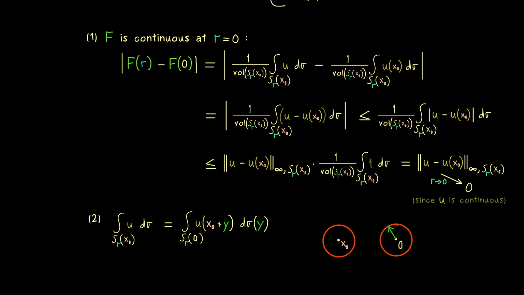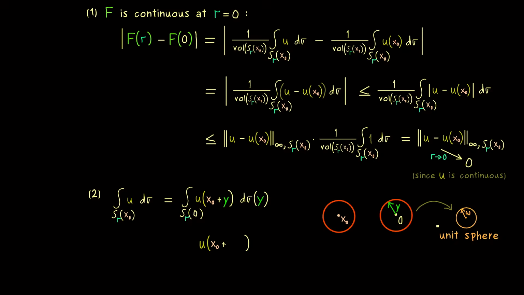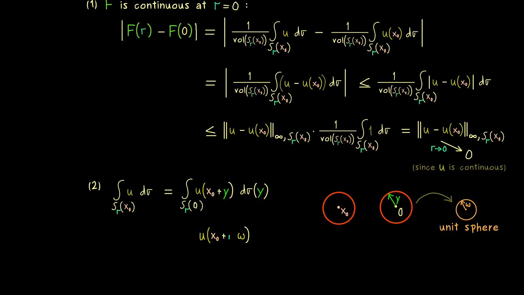And then in the next step I want to shrink or expand our ball to the unit ball. And in order to see what happens then, you can use spherical coordinates, also called polar coordinates. The integration with respect to these coordinates is not so complicated and something I have already discussed in another video. Maybe there the important part is just that instead of y, we can use a unit vector that we call omega. And then if we stretch omega by the radius r, we also actually hit all the points on the sphere from before.